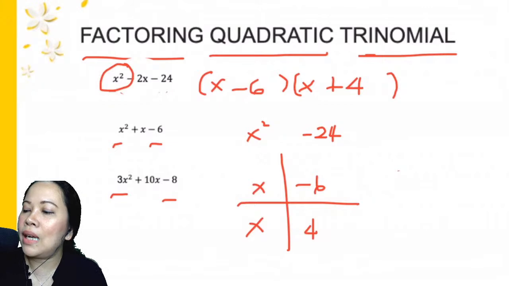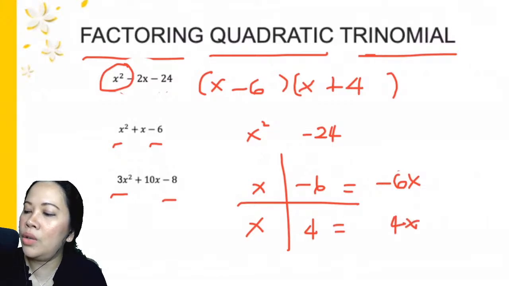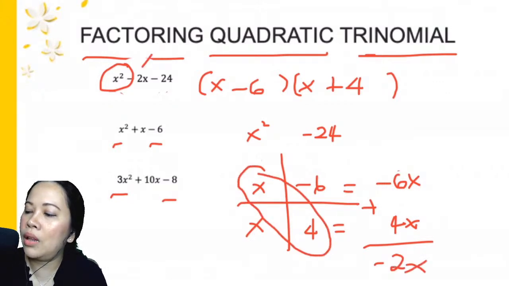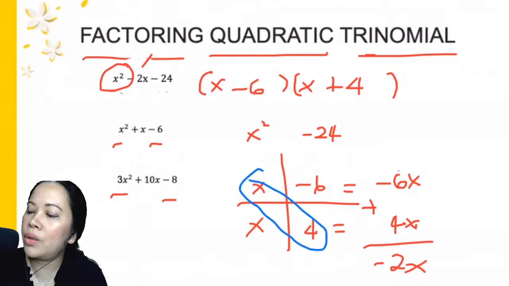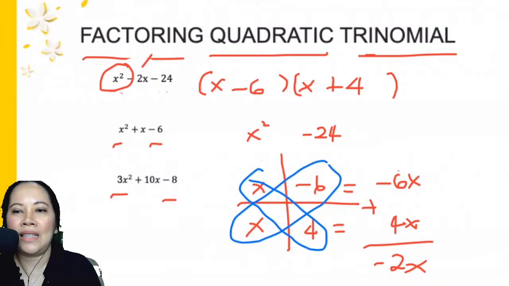So x times negative 6 will be negative 6x, and x times 4 is positive 4x. Then you add. That's negative 2x, which is the middle term. Therefore, the factors would be the crossover: x plus 4 and x minus 6.